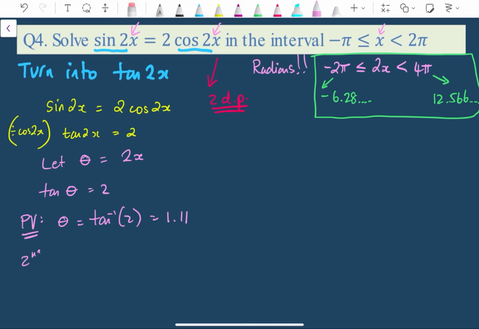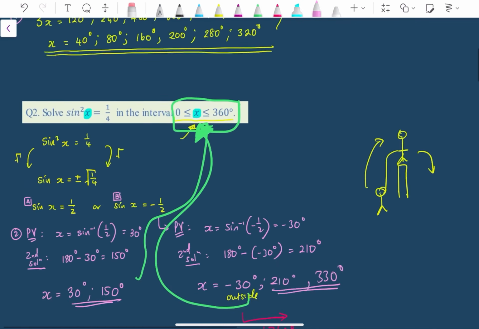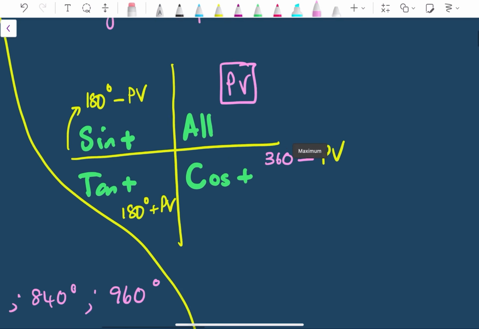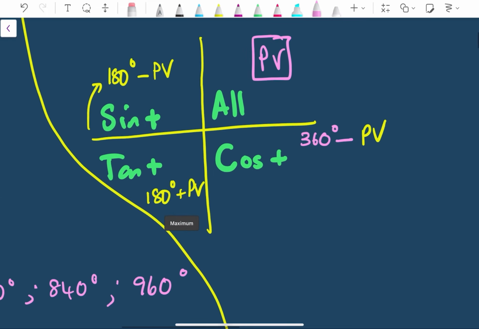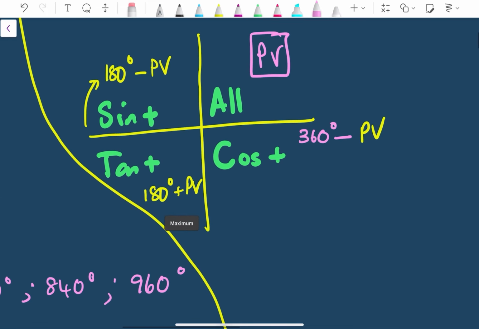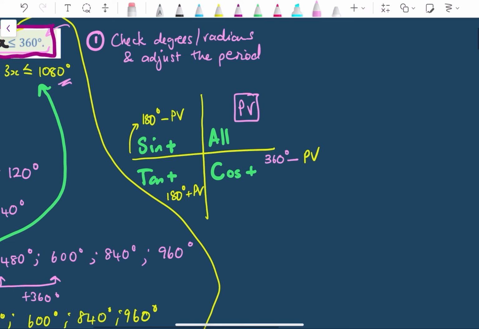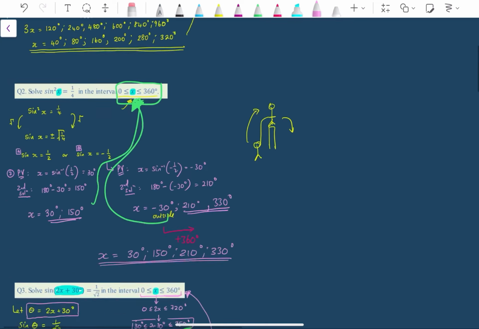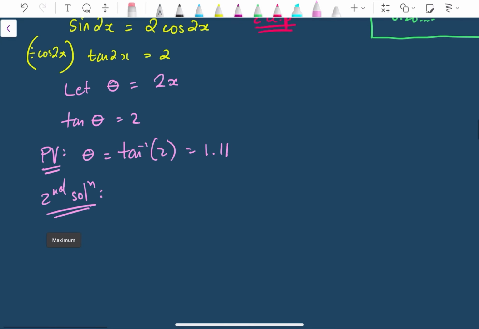Okay, I need to find my second solution. And for tan, if we go back to this handy diagram, it's going to be 180 plus my PV. But remember, I'm not in degrees now, I'm in radians, so it's pi plus my PV to get my second tan solution.